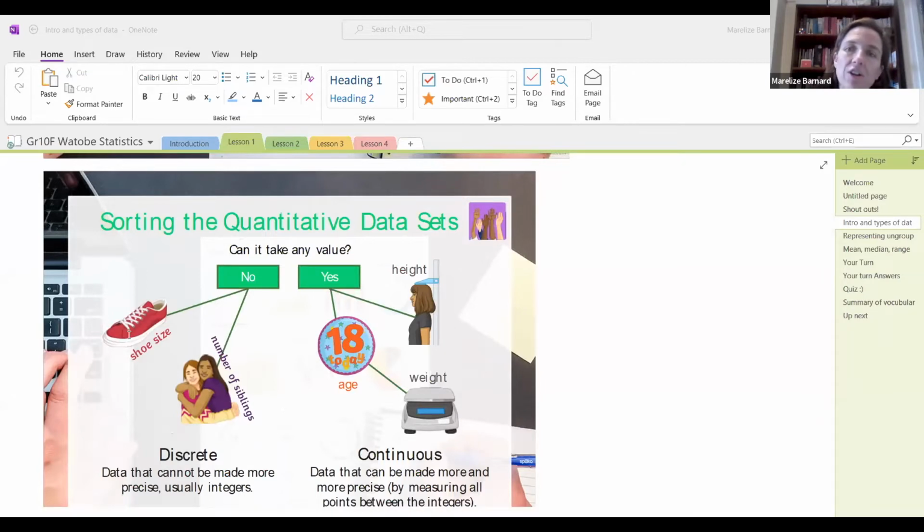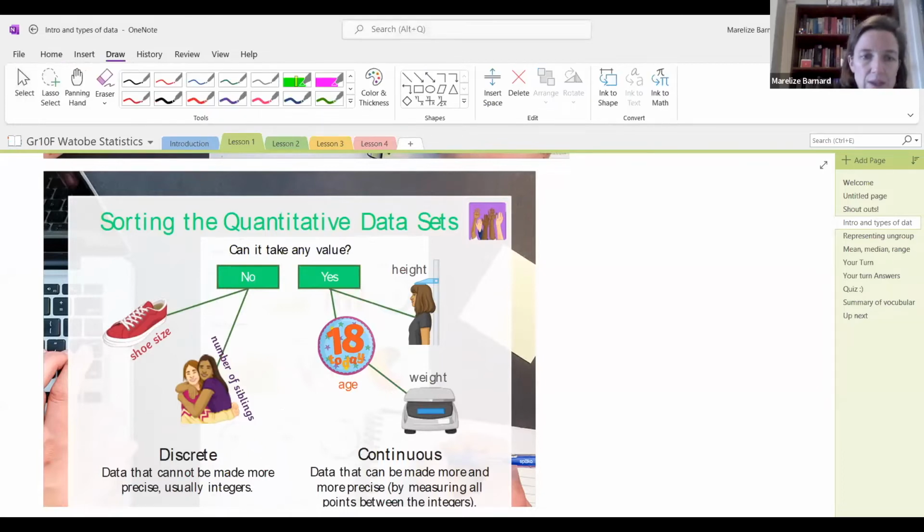You get half sizes in shoes, but you don't really get other than that. You only get those specific shoe sizes. And then number of siblings. Number of siblings you can count. It's like 1, 2, 3, 4, 5, etc. And we call that type of data discrete data. You can write down the two examples of shoe size and number of siblings.